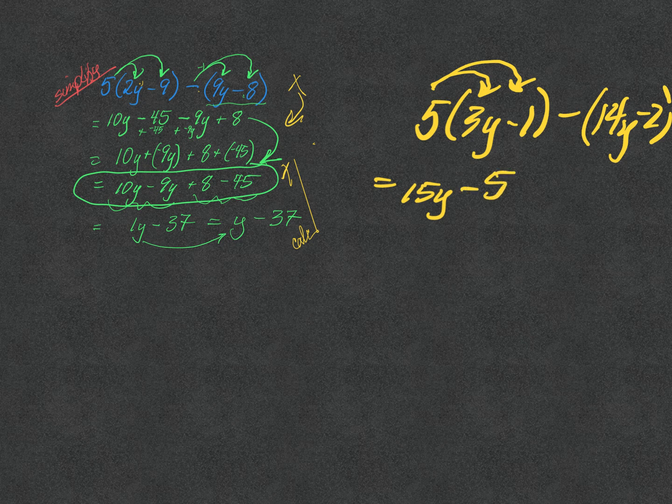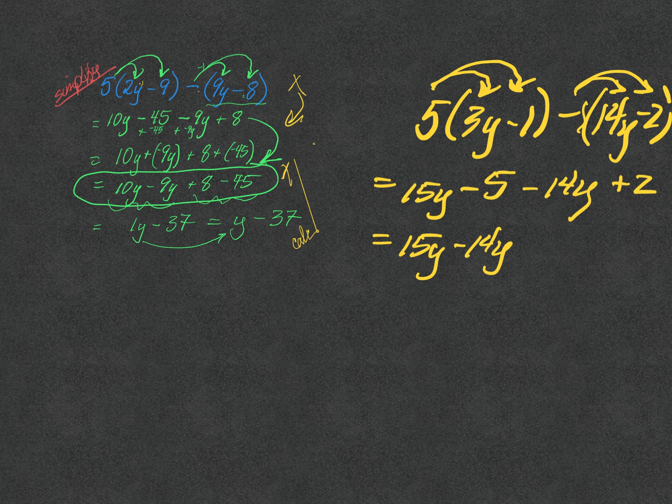Then I have a negative sign in front, which is really negative 1 times. So negative 1 times 14y is negative 14y, and negative 1 times negative 2 is plus 2. Now I can rewrite this as 15y minus 14y minus 5 plus 2.